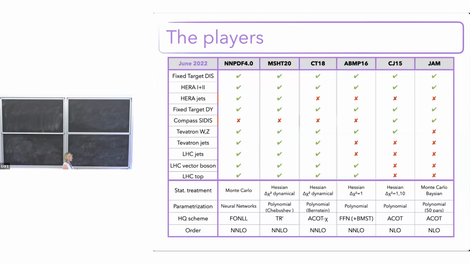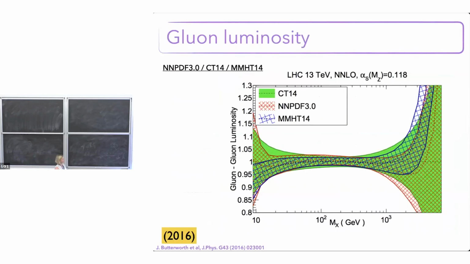I didn't have time to mention the heavy quark schemes because it would deserve a lecture just to talk about it. But again, there are different ways of treating the heavy quarks as well, and also the order at which the fits are performed. Okay, so this is a table that should allow you to understand a bit the differences.